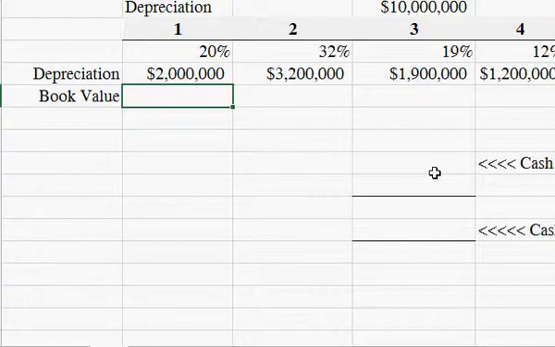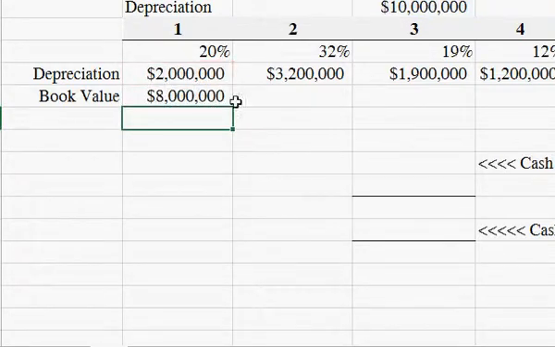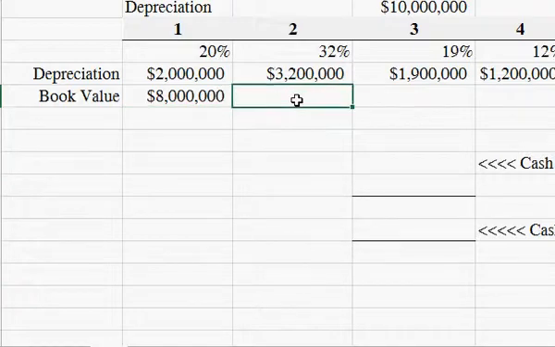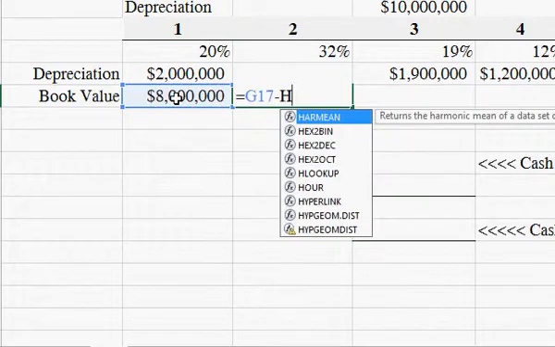So after year 1, the book value is going to be the 10 million less the 2 million that we're taking off in depreciation. And then the next year you would say that it would be equal to the book value the year before minus the depreciation in the current year. So minus the 3.2 million.